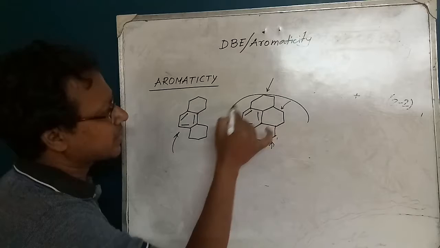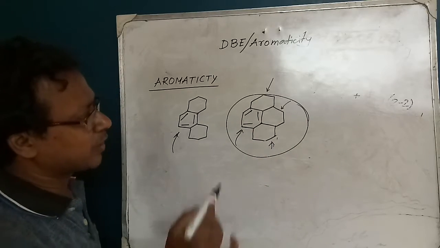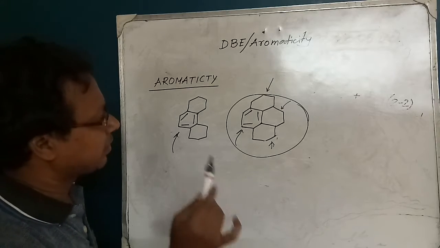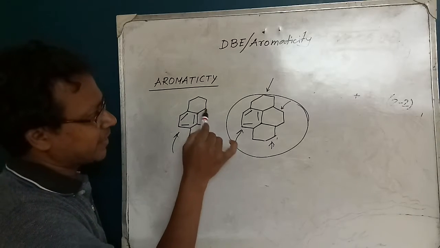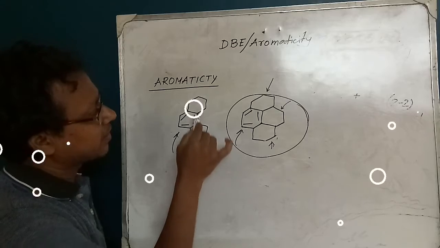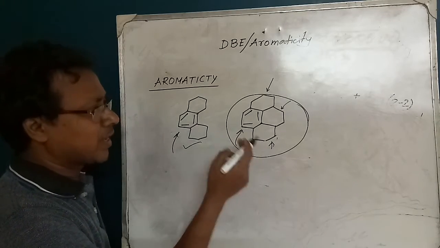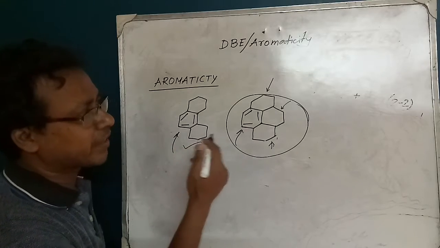So this compound is highly unstable. It will not be planar, so its aromaticity will be lost, and 1 is more aromatic as there is no connection between these two non-aromatic rings. So 2 is less stable than 1, or we can say 1 is more aromatic than 2.